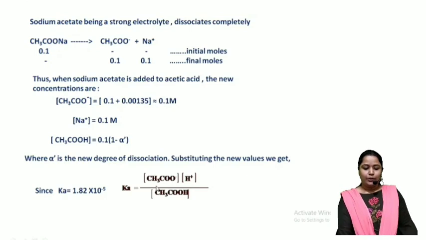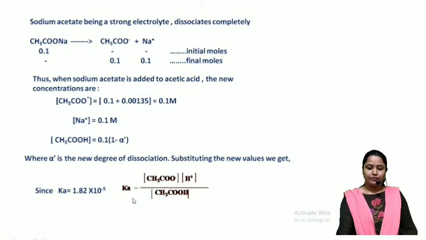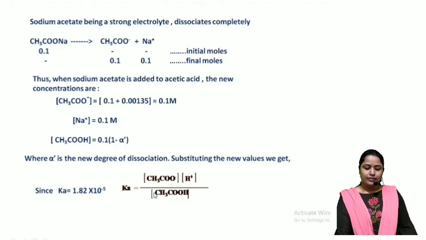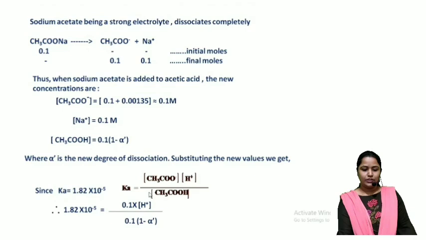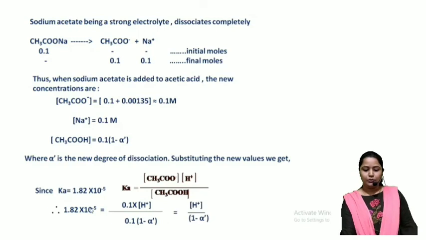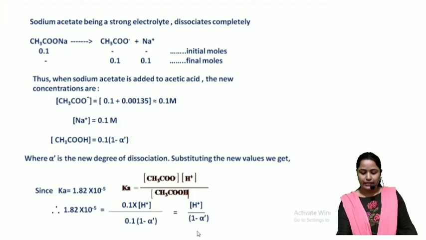By using the value of Ka, 1.82 into 10 raised to minus 5, we get the equation in that form by using this concentration: the concentration of acetate ion is 0.1 molar, the concentration of H plus, and the concentration of acetic acid, that is 0.1 into 1 minus alpha dash. 0.1 gets cancelled. Therefore, we get 1.82 into 10 raised to minus 5 is equal to the concentration of H plus upon 1 minus alpha dash.